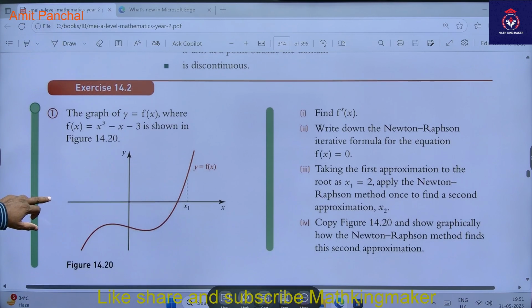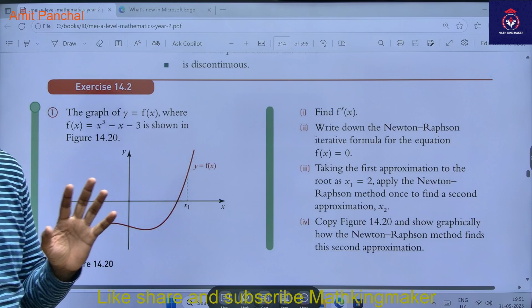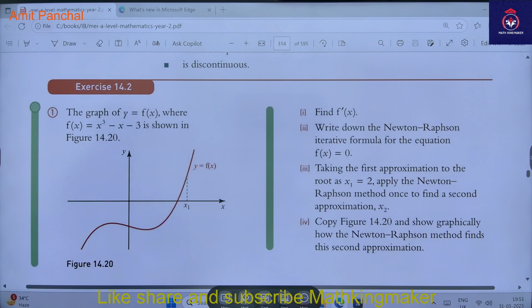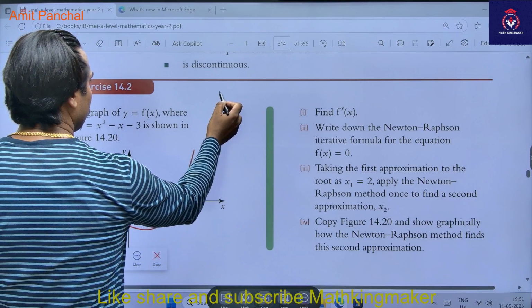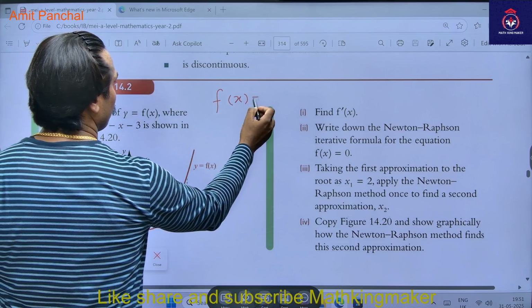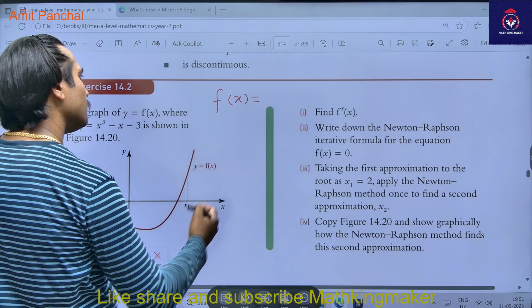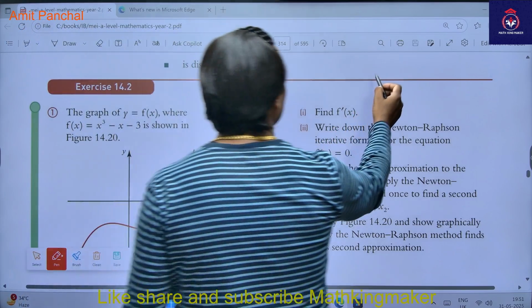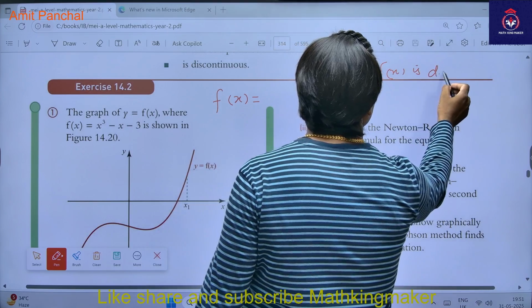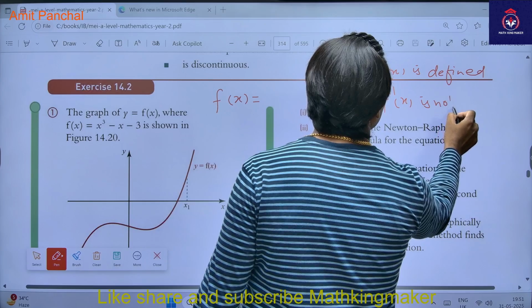But if the function is defined, there may or may not be a defined differentiation. Like you have a function fx equal to something. The function fx is defined, but f dash x is not defined.